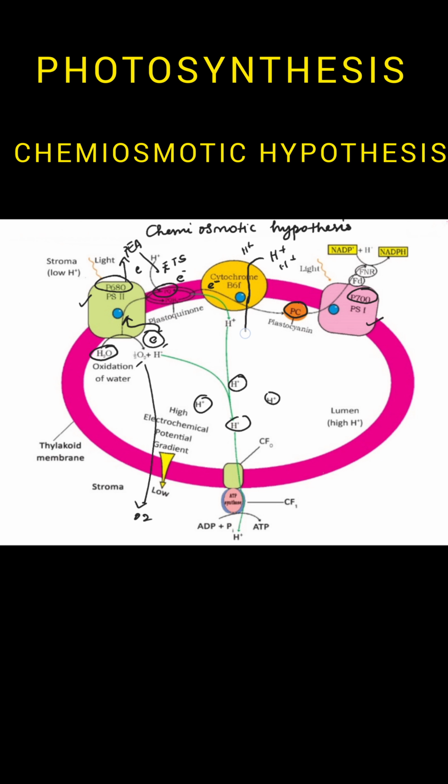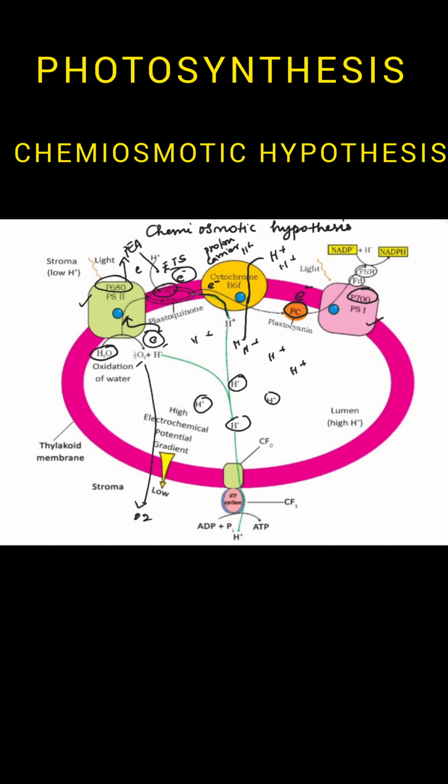So in two ways the proton gets accumulated: one is due to photolysis, and the second is cytochrome b6, which is a proton carrier. Whenever it passes the electron from plastoquinone to plastocyanin, it fetches a proton from the stroma region and deposits it in the lumen of the thylakoid.